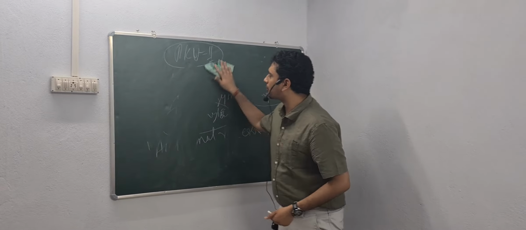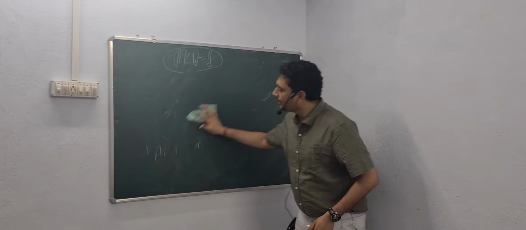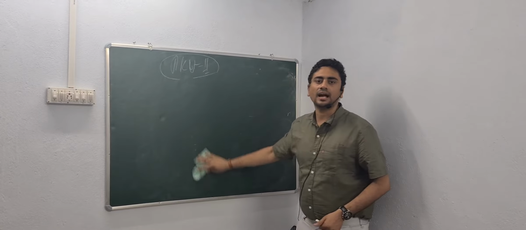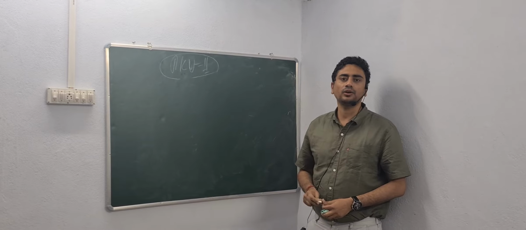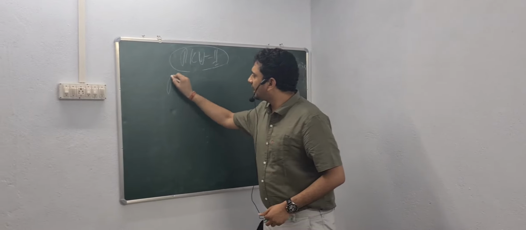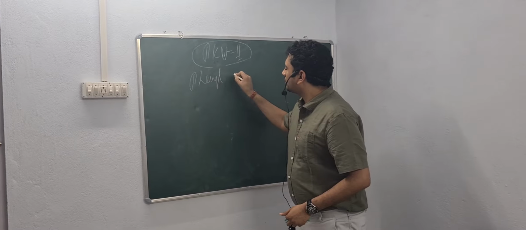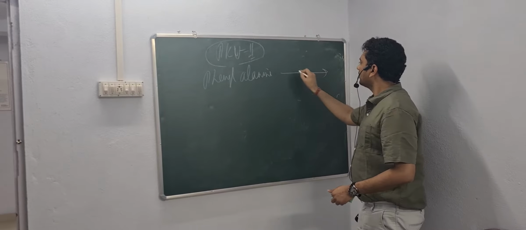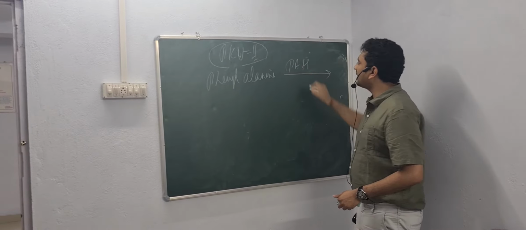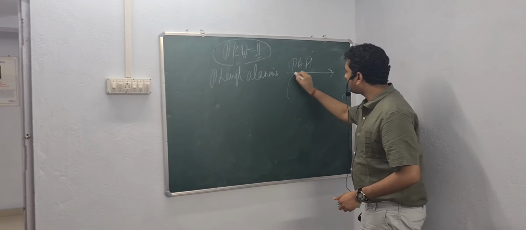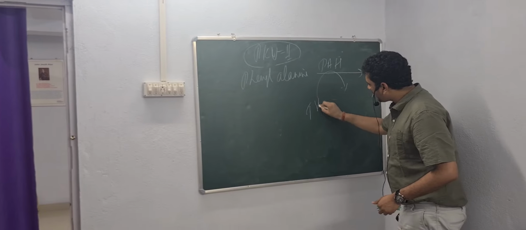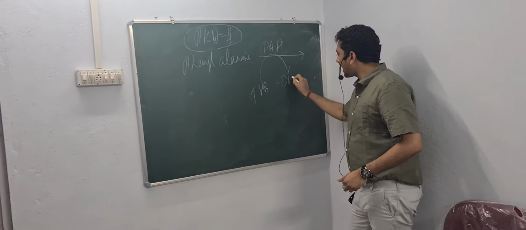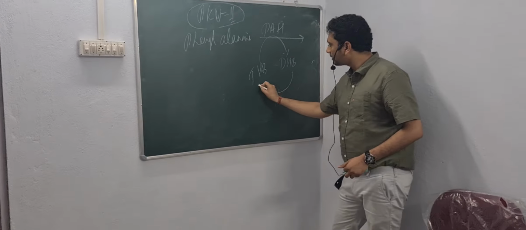Now coming to how this disease progresses. First we look into the normal catalytic activity of phenylalanine hydroxylase. What does phenylalanine hydroxylase do? It is involved in the conversion of phenylalanine, and PAH, that is phenylalanine hydroxylase, requires tetrahydrobiopterin as a cofactor, which is converted into dihydrobiopterin, and this is interconvertible.